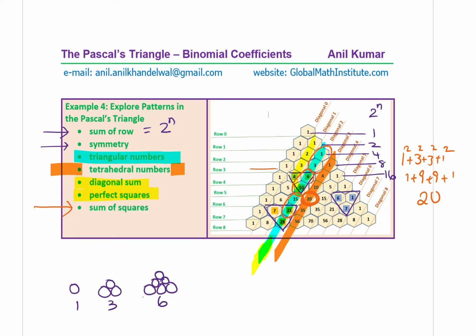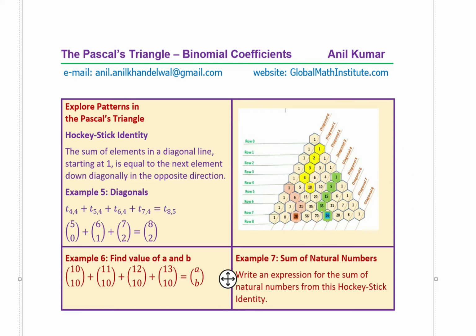So there are many examples which you could explore here, right? So it takes a moment to explore a few patterns in Pascal's triangle. Now here is the hockey stick identity which I was talking about. We just explored this, right? Do you see those curved diagonals? So we have the first diagonal shown moving in this fashion, which is diagonal 1.